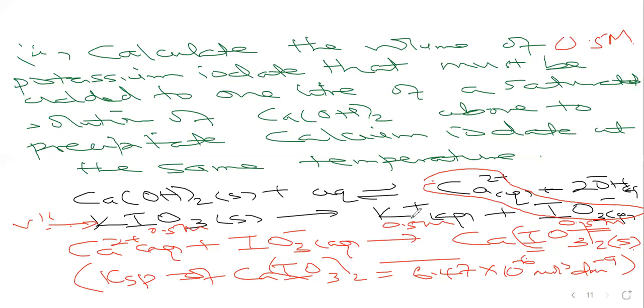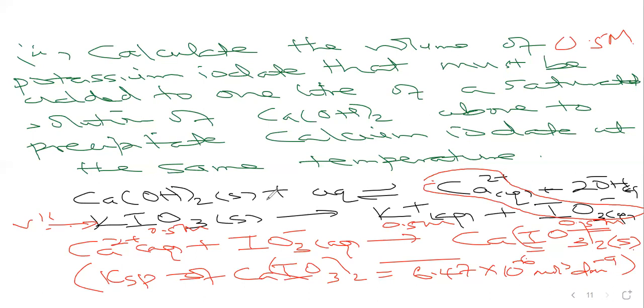So if you have that, we now need to see the treatment we have to do to get our final answer. I've told you we already have calcium hydroxide, which is sparingly soluble.